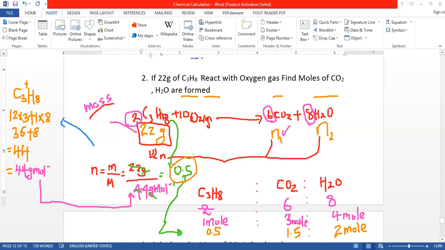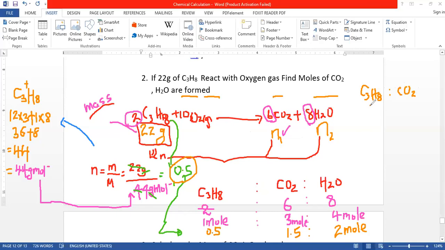If you have a problem doing this simplification, how to use this one? Look at this. C3H8, and the ratio between C3H8 and CO2.